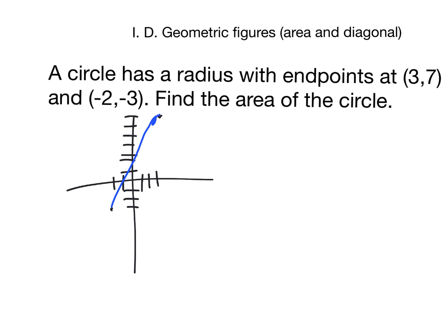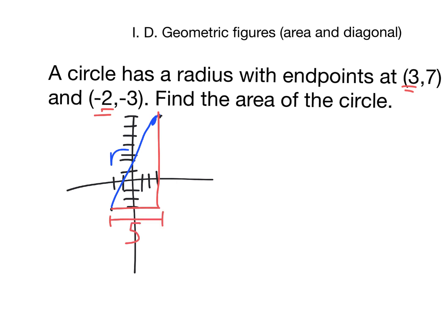And then the radius would be the distance between those 2 points. We could create this into a right triangle. And just look at your x values. We're going from -2 over to 3.